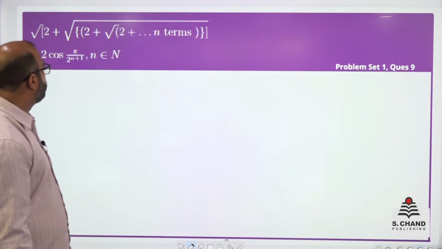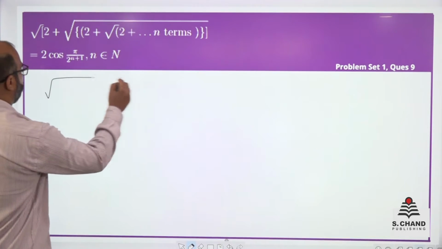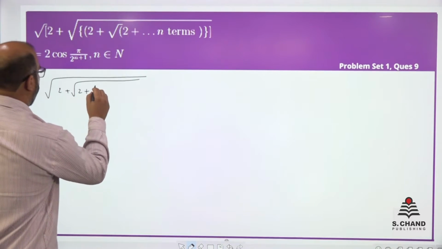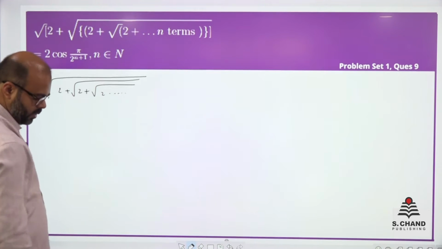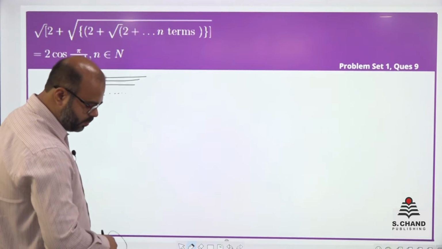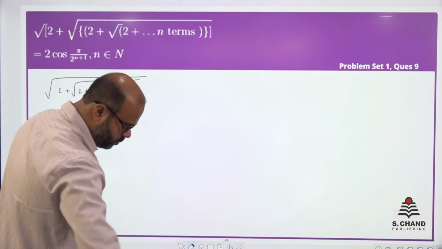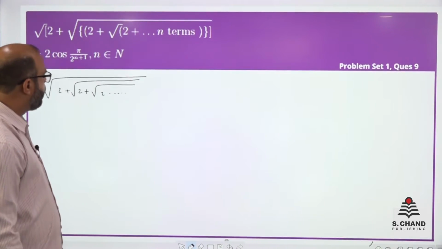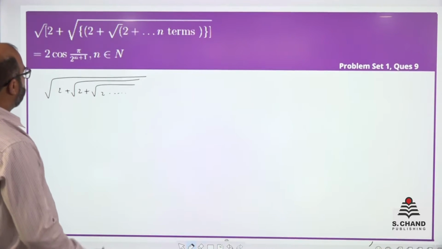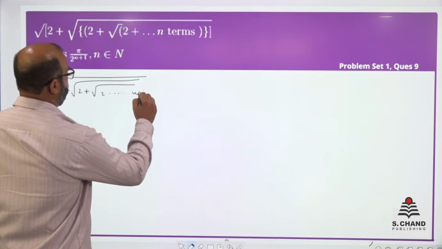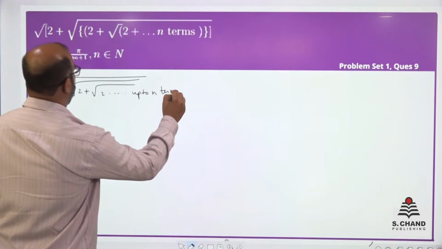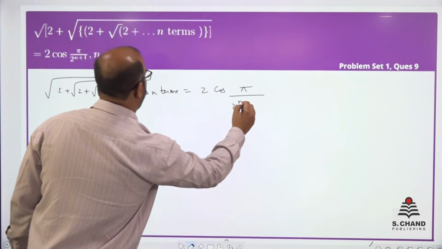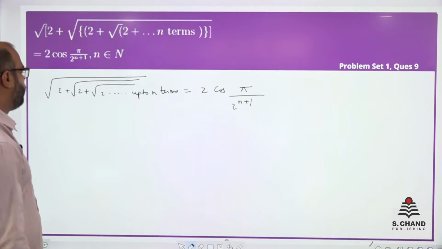Let us come to the next question. Square root of 2 plus square root of 2 plus square root of 2, and so on, we keep on writing it like this up to n terms, and this is equal to 2 cos(pi by 2 to the power n plus 1), where n belongs to natural numbers.